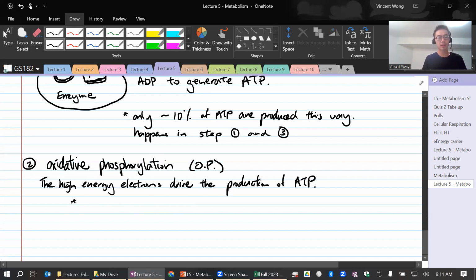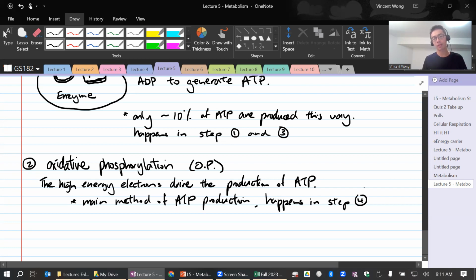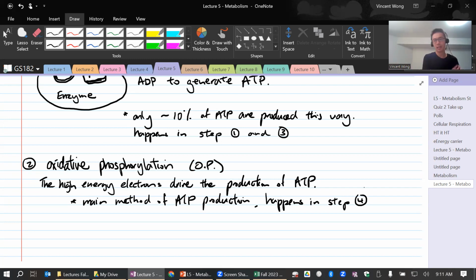This is the main method of ATP production. It happens only in step number 4, the ETC. Exactly what happens is complicated. I will explain when we get there. Right now, we just leave it be for the time being.